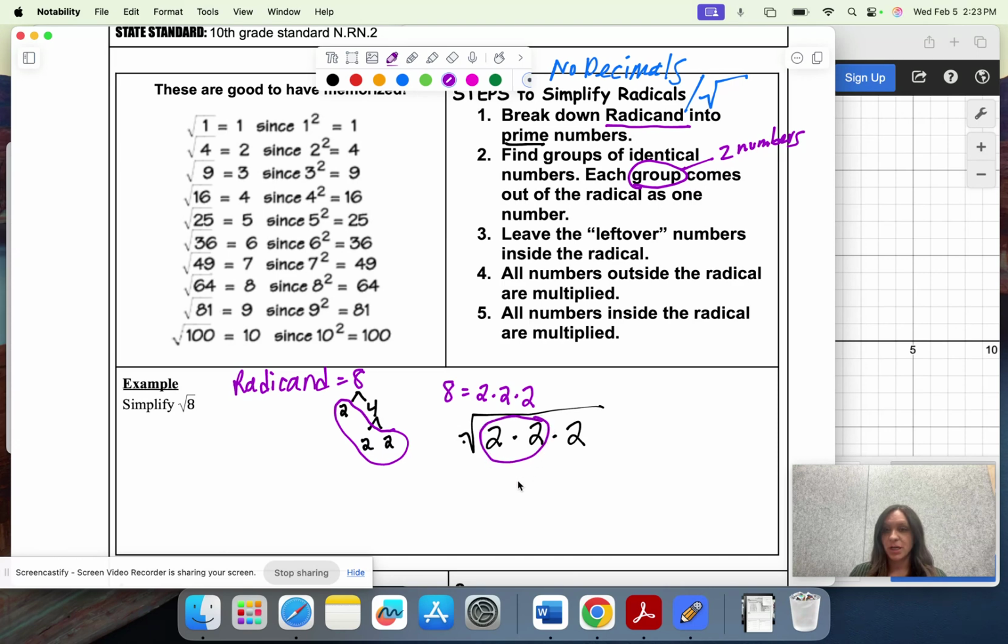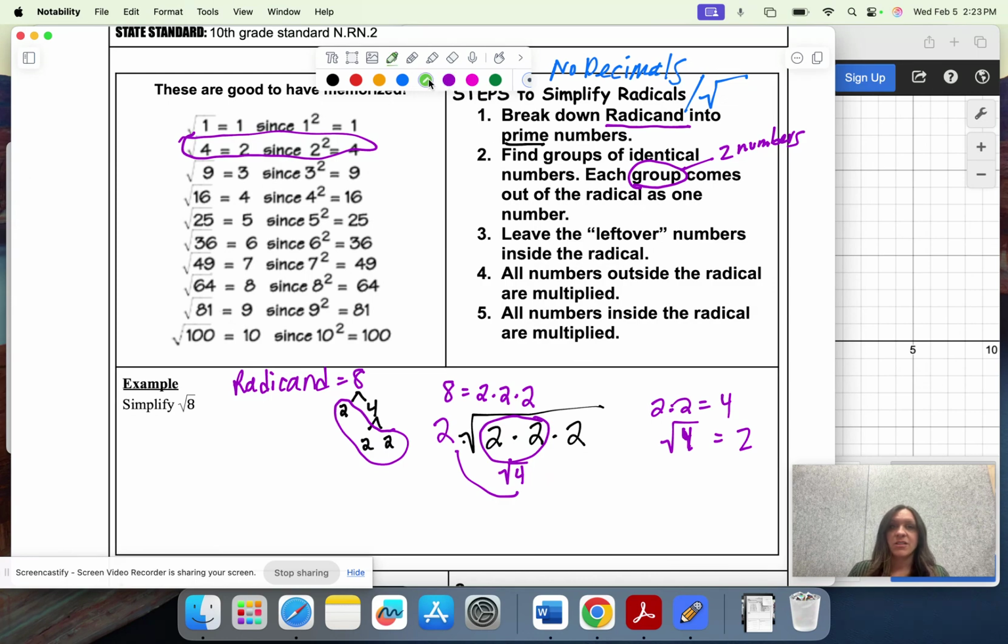So right here, 2 times 2 is 2 squared. It equals 4. The square root of 4 is equal to 2. So it says it breaks out of the square root. We're really just taking the square root of 4, which equals 2. So the square root is gone.